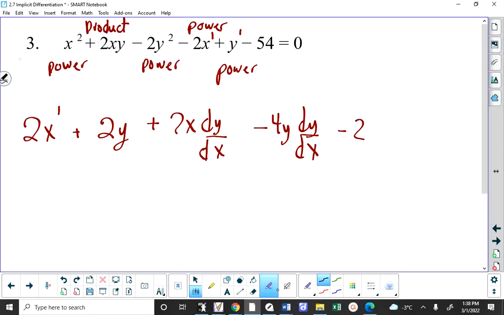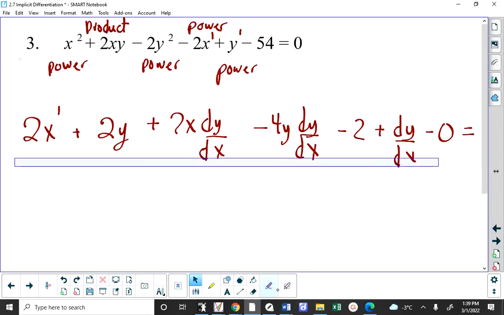But then I have to multiply by the derivative of the base that I wrapped the exponent around, which is dy dx. I think that's really overkill. It's y. What's the derivative of y? dy dx. Minus the derivative of 54, which is 0, and this is equal to the derivative of 0, which is also 0.